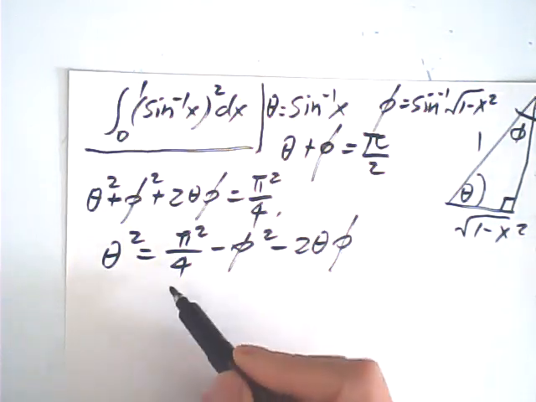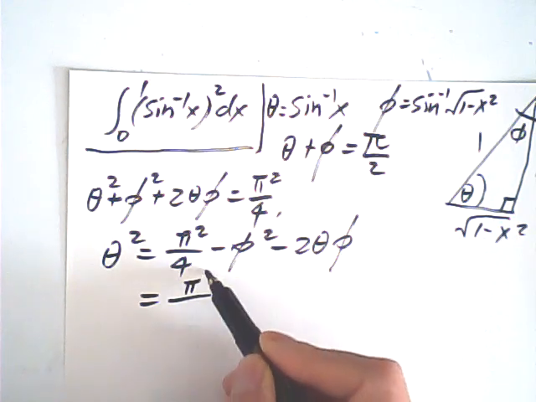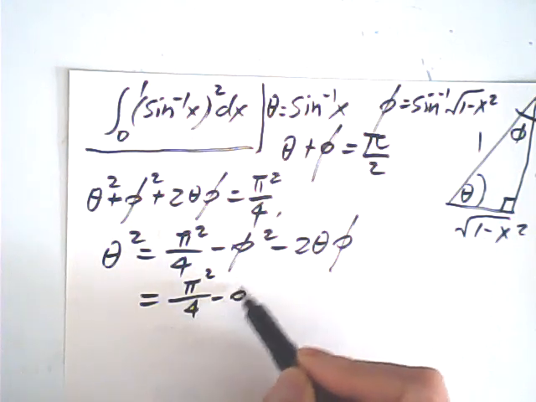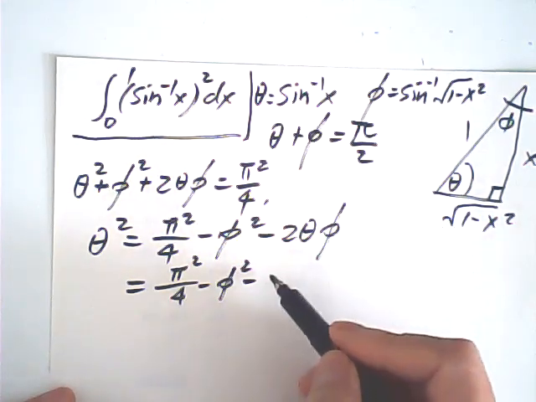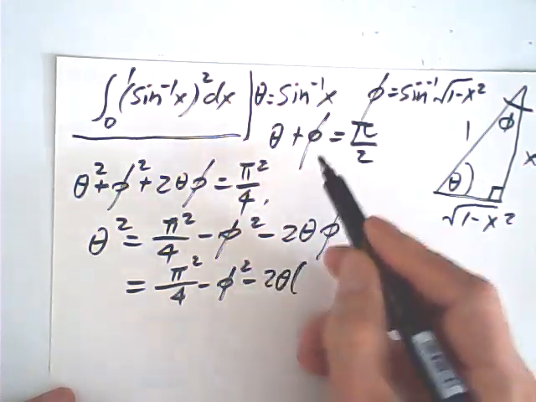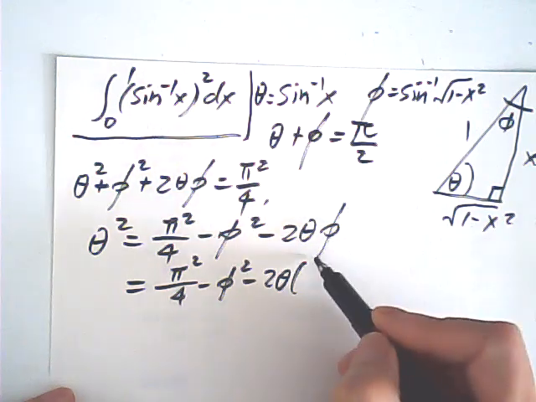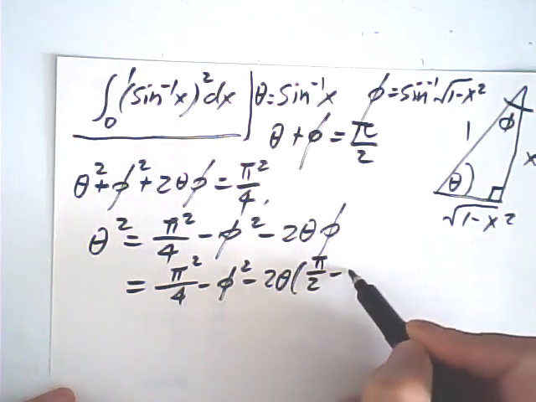Well, this one is equal to pi squared over 4 minus phi, and phi is a half pi minus theta.